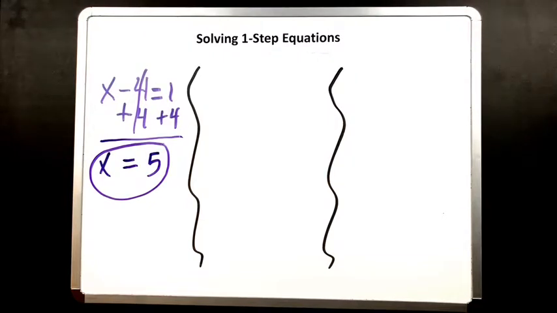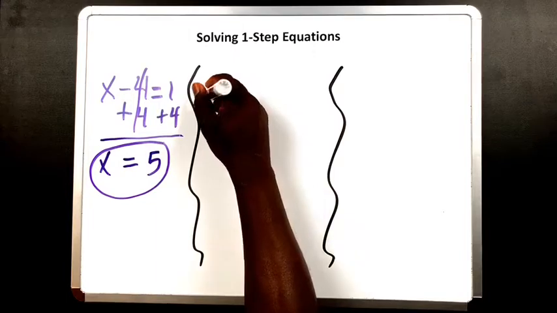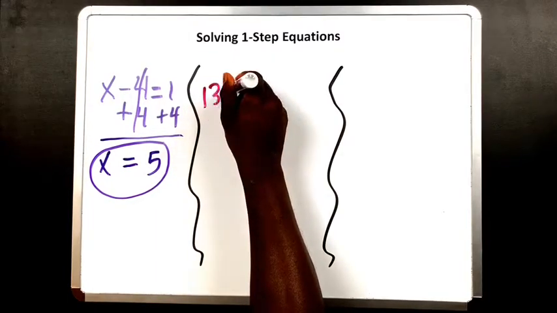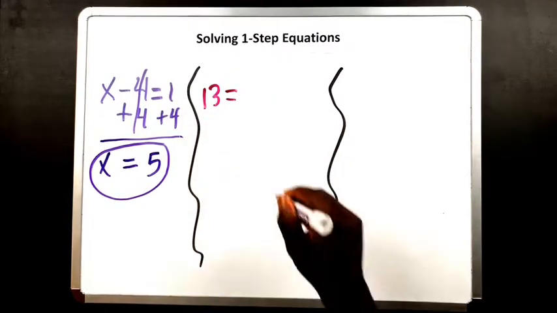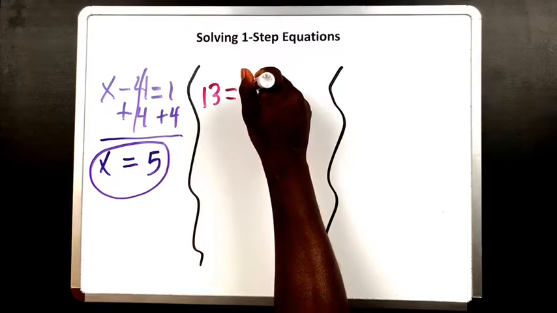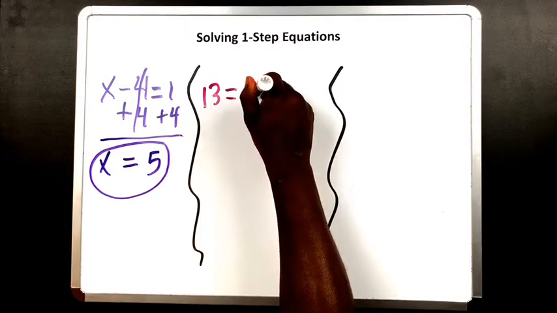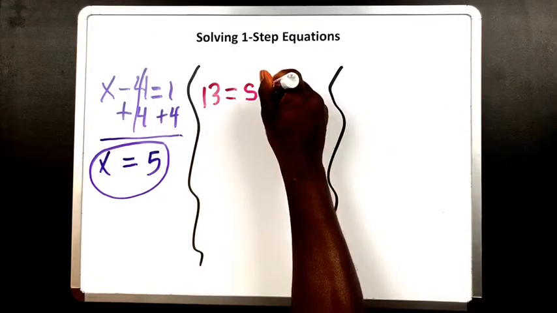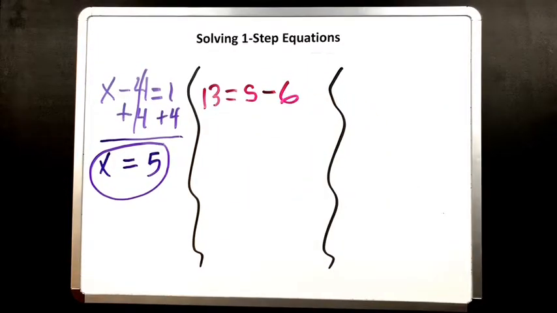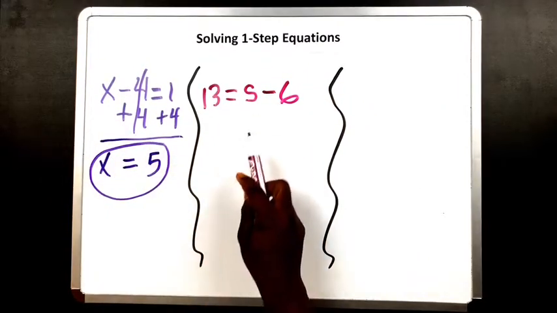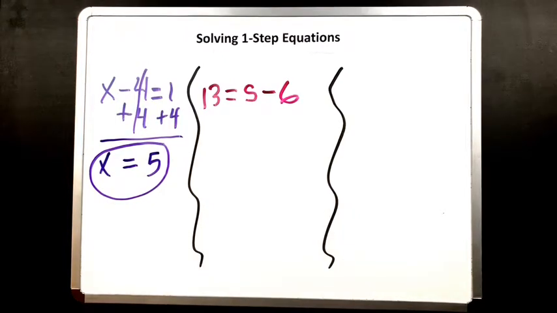Sometimes they can look a little different, where it looks like this. We have 13 equals, let's say, s minus 6. In this case, we had the variable first, but now we have the variable on the right side of the equation. But the steps do not change.